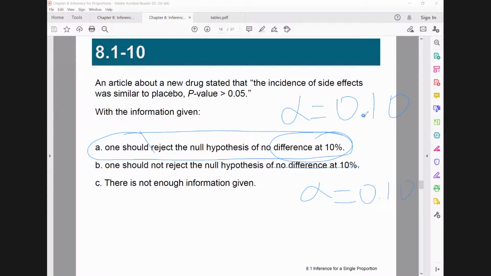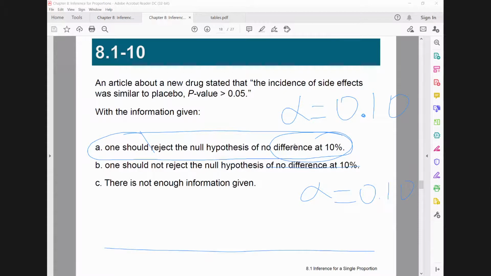We can compare the p-value, thanks to this information, with 0.1. Do we know whether the p-value is less than alpha or greater than alpha in this case? The answer is no. Why? Because the p-value is greater than 0.05, so it could be greater than 0.1 or it could be smaller.